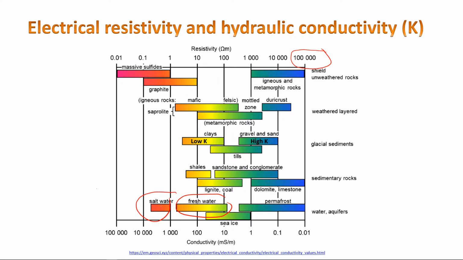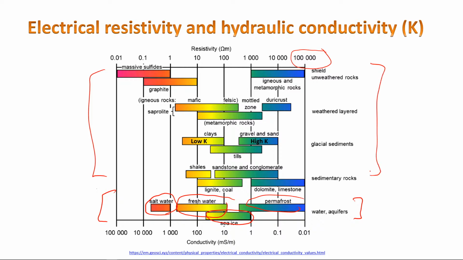You see orders of magnitude between the resistivity of salt water here, very low, and here much higher resistivity for fresh water. Permafrost and sea ice are in between. So you can identify this is for water or fluid, and this is for different rocks.